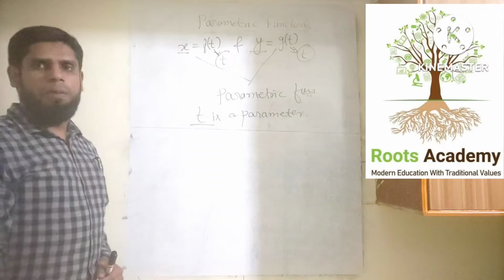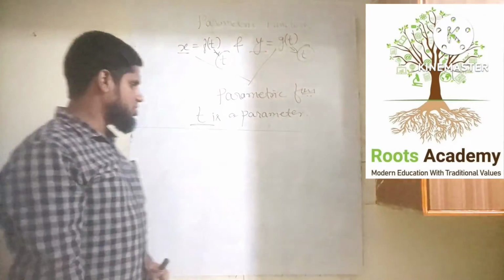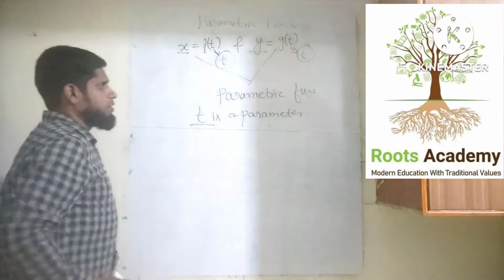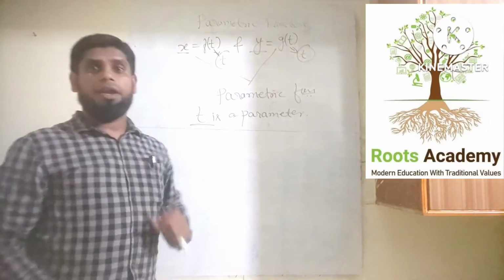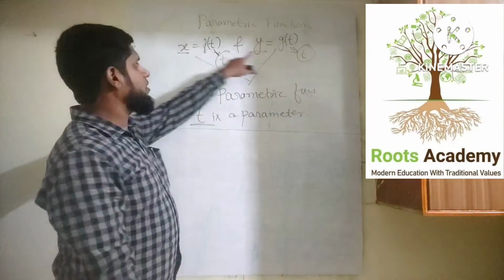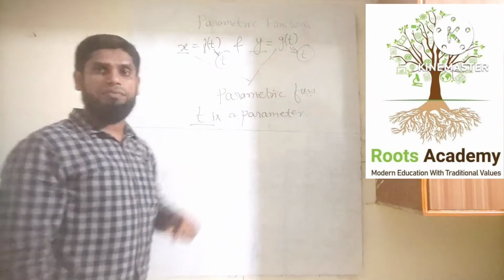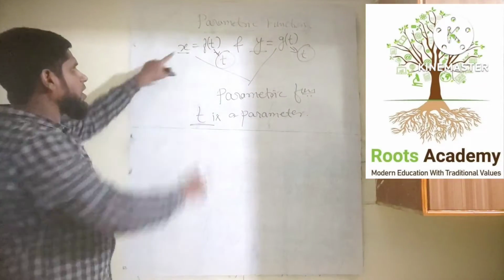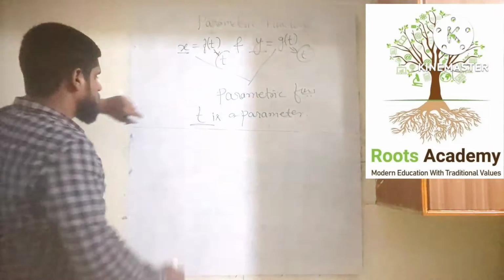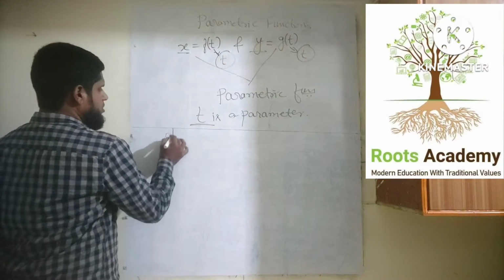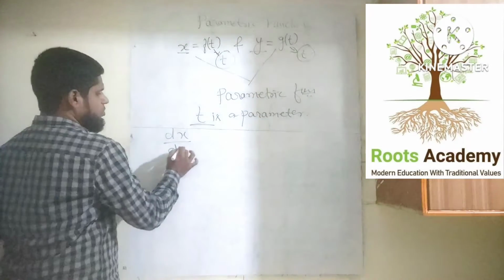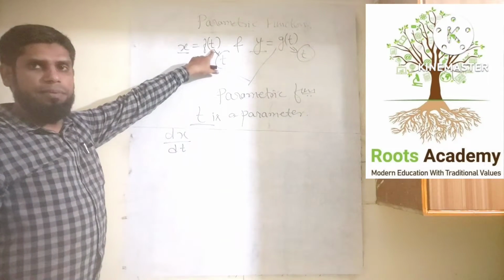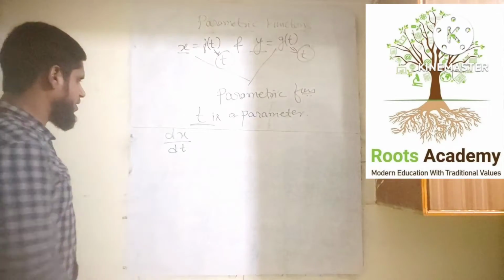Let us see the problems of parametric functions. Before I go to the problems, let me show how we can get the derivative of a parametric function. Students, here x is dependent on t, so we can differentiate x with respect to t, because t is the only independent variable here.